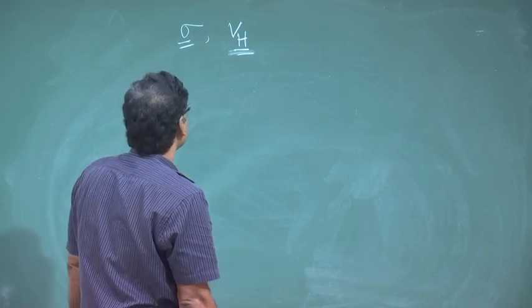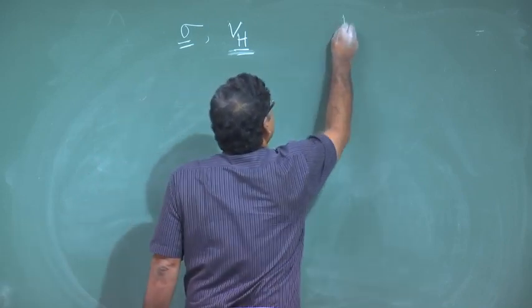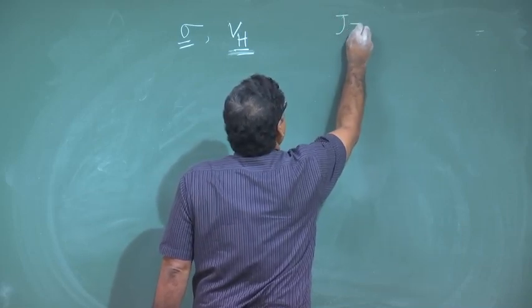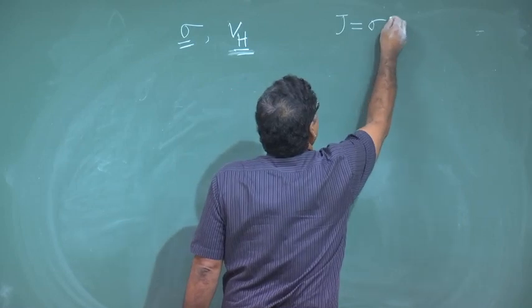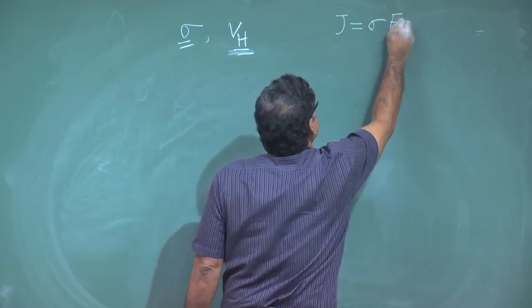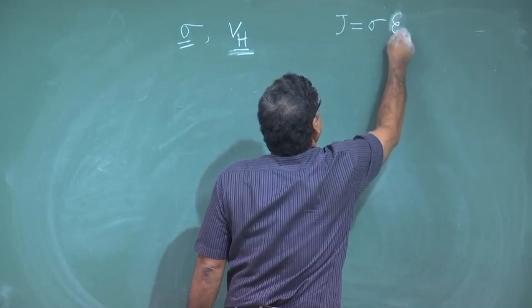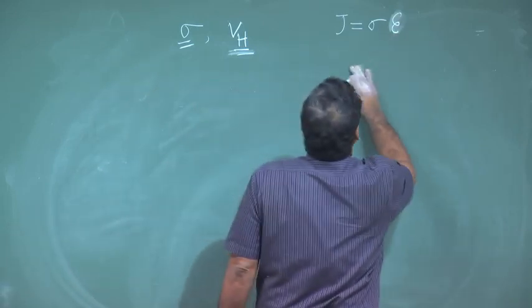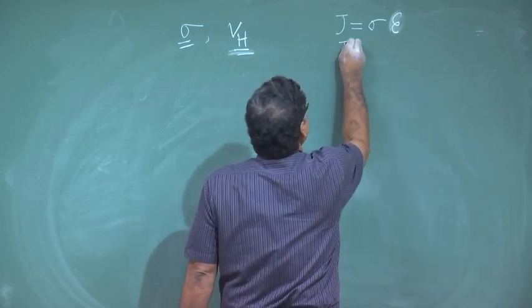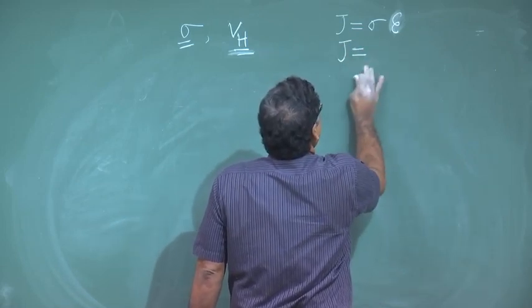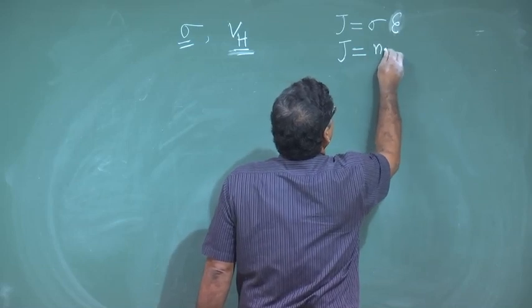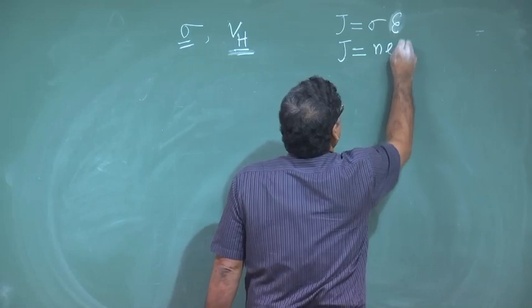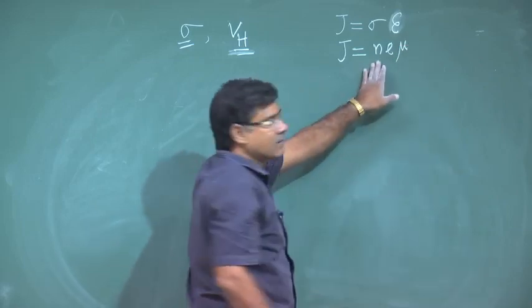That we have seen, that's the relation J equal to sigma E, or let me write electric field, right, and J equal to N Q E mu. So, I will not bother about the sign.